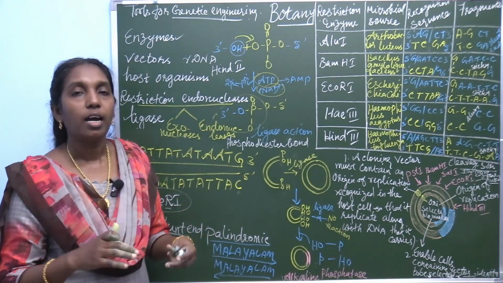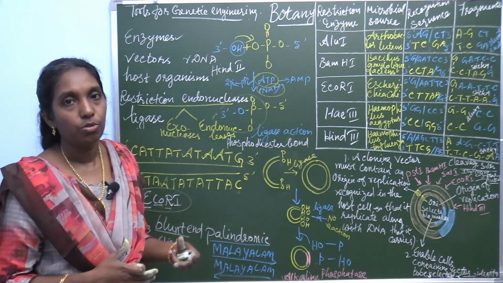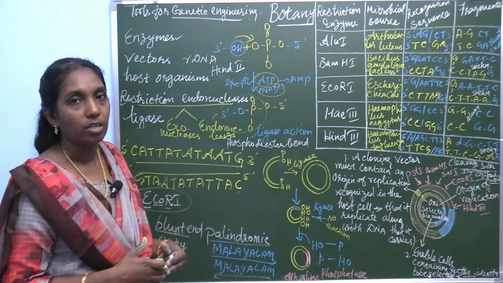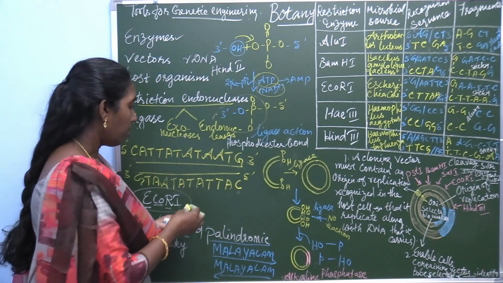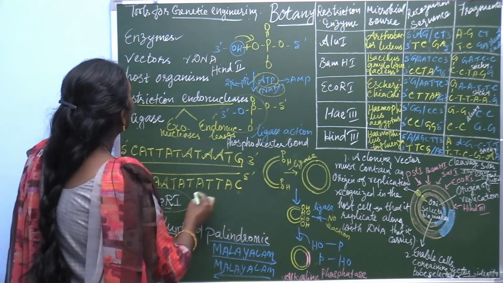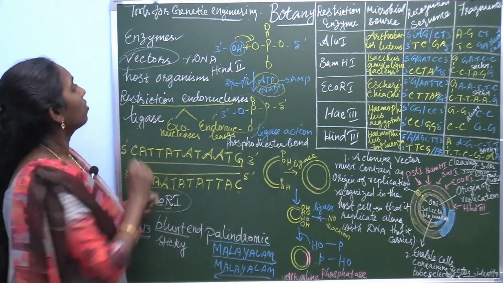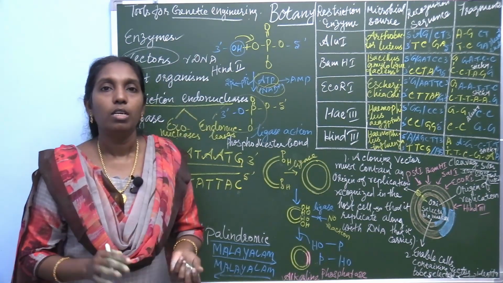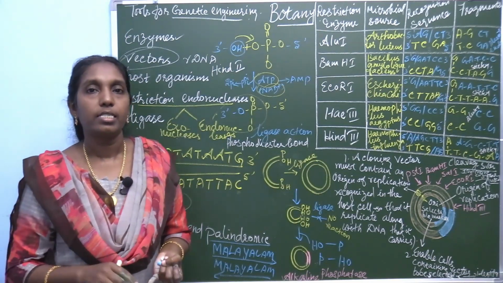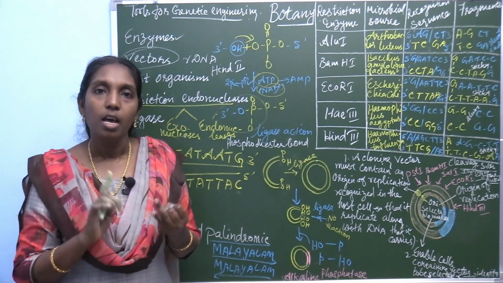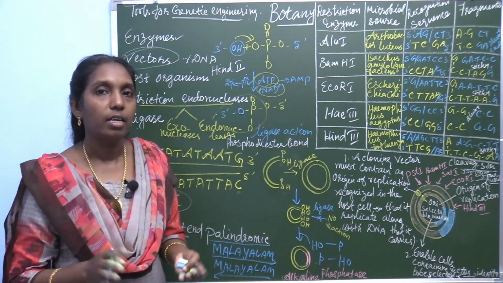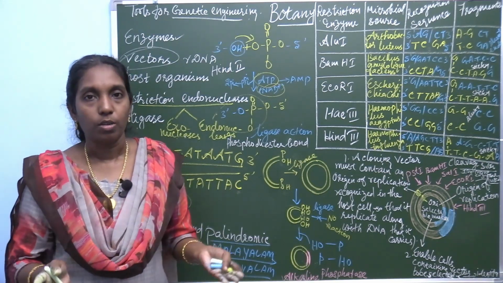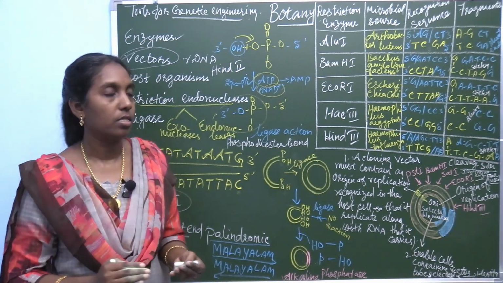Apart from this, another major component is used for recombinant DNA technology. What's that? That is vector. You learned there are 3 important enzymes: restriction endonucleases, ligase and alkaline phosphatase, and their roles.